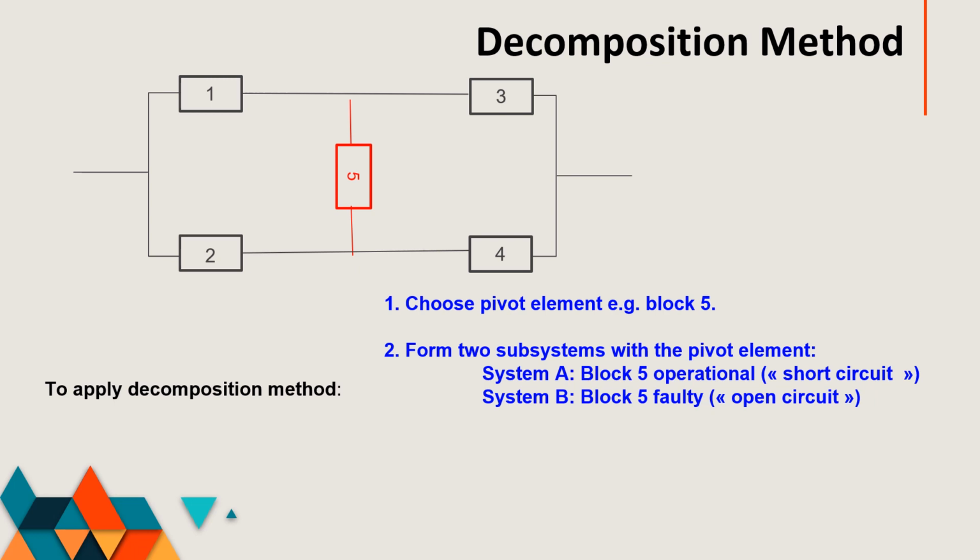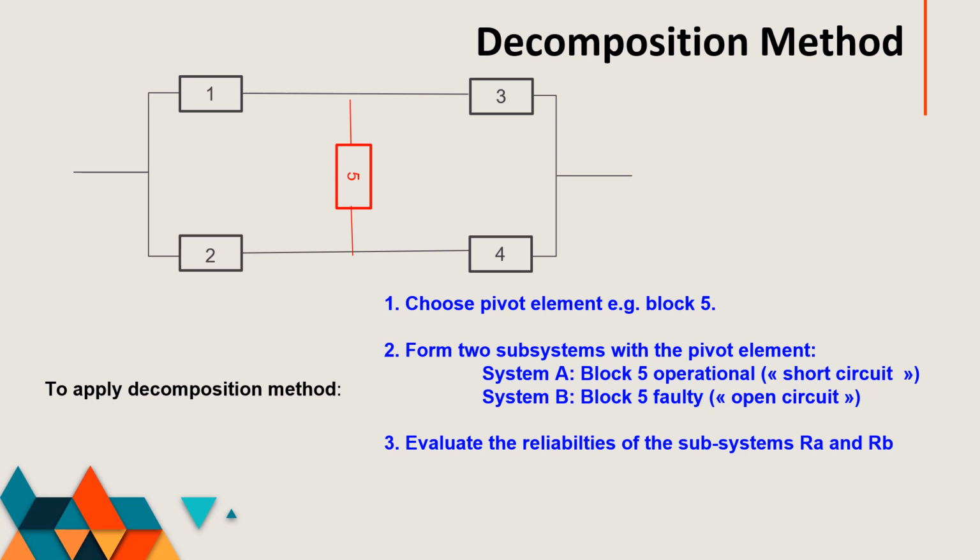The second system is system B. In this case, it's assumed that element 5, which is the pivot element, is not operational, it's faulty. We understand this easily by assuming that it is an open circuit. That is, we'll remove it entirely. The third step now is to evaluate the reliabilities of the subsystems.